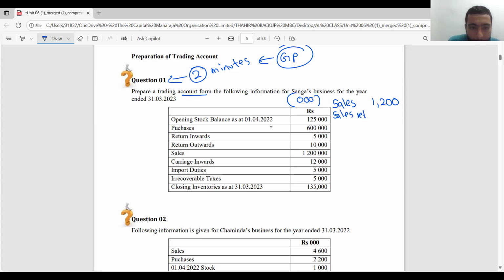Sales return how much? 10,000. Return outwards means this is not the sales return. This is the sales return: return inwards. Whatever that you sell, you get it return inwards. So this is the sales return.